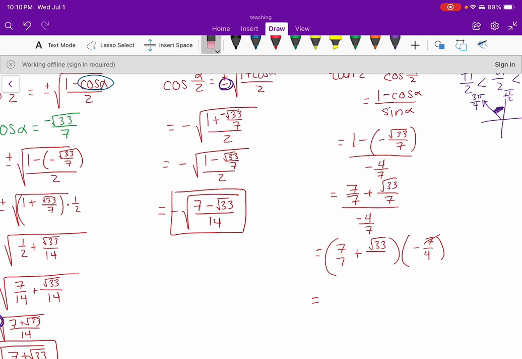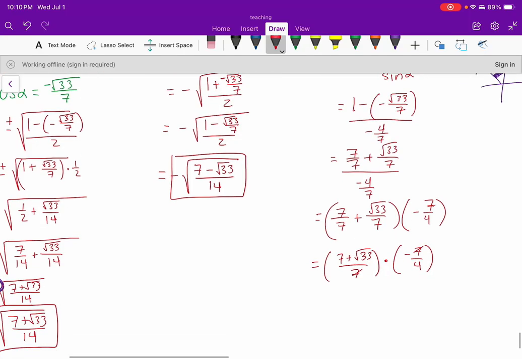Just to make that a little bit clearer, let me show a little bit more work there. Sometimes I get a little quick to cancel stuff out, but I really should show some more work. This is 7 plus square root 33 over 7 times negative 7 over 4. So now they can cancel. I'm left with negative 7 minus square root 33 over 4.